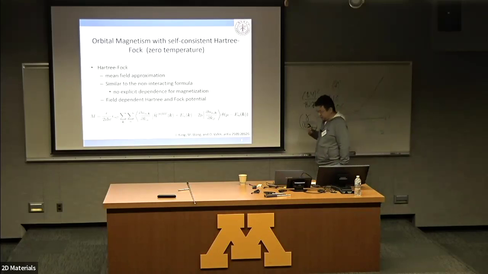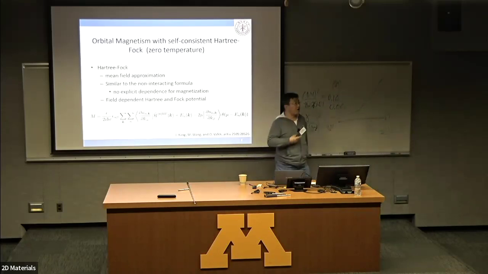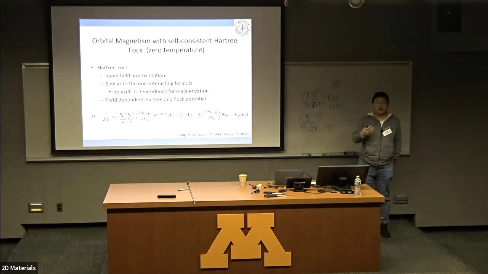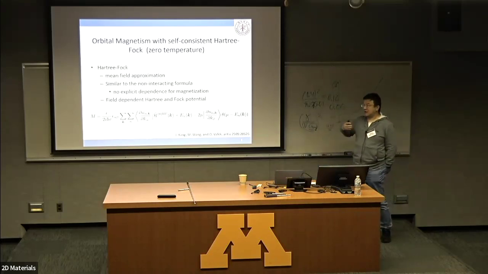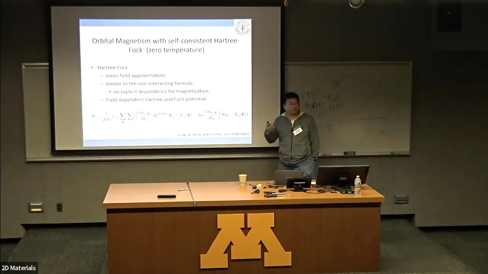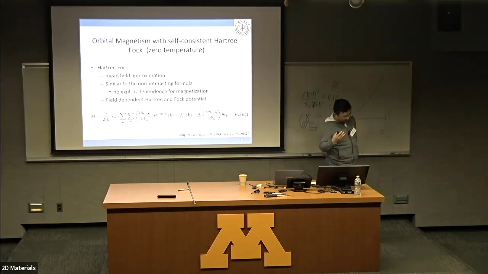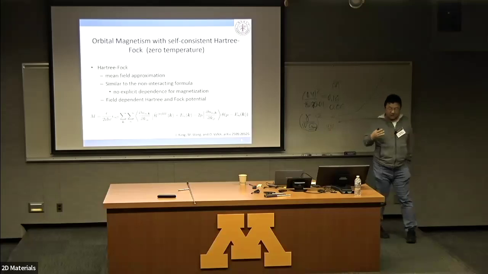Naively, you might think that this is not surprising, because Hartree-Fock is just a mean field approximation, so it might not be surprising that this formula is identical to the non-interacting one.